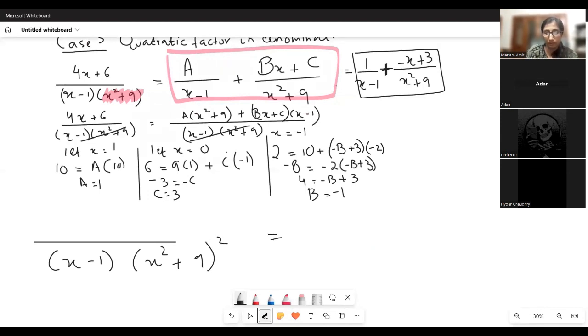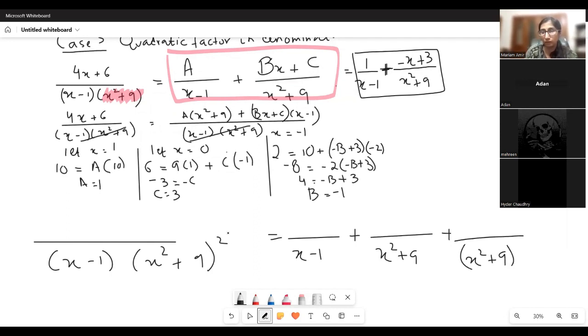So then it would be x minus 1 in the denominator of the first fraction, and then x squared plus 9 in the denominator of the second fraction, and then repeated x squared plus 9 in the third fraction. We'll just have a here, we'll have dx plus c here, and we'll have dx plus e here, if such a question comes up. Right. Now let's move to case 4.